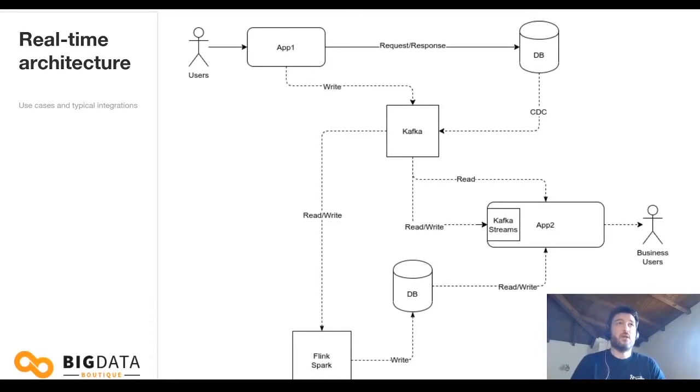The first integration we can do here is the same application writing events to Kafka, to be used later for an analytical system, for reporting, or to be stored in other databases, replacing, for example, a batch ETL. This is a very typical, good approach with a lot of advantages.